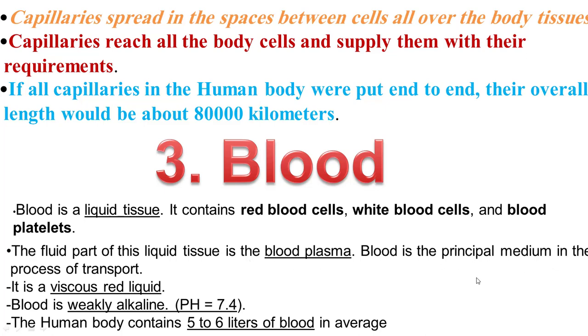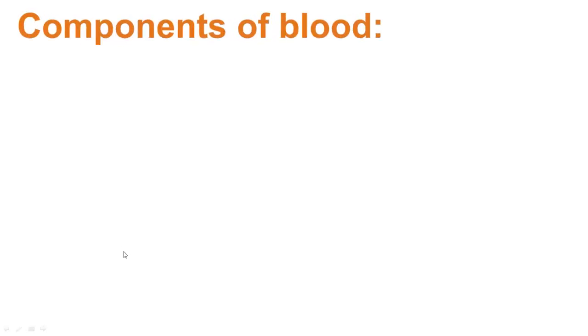Blood is the principal medium in the process of transport, carrying substances or nutrients from one part to another. It is a viscous, red, weakly alkaline liquid, with a pH of about 7.4. The human body contains about 5 to 6 liters of blood on average.